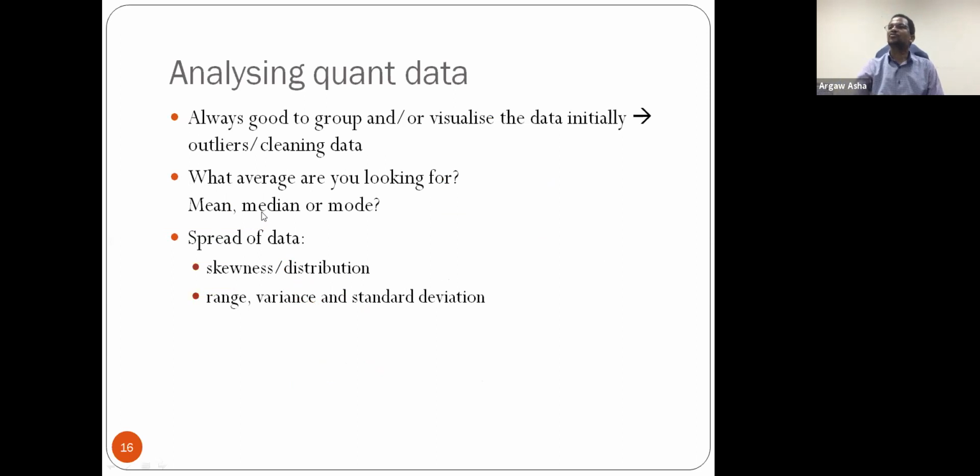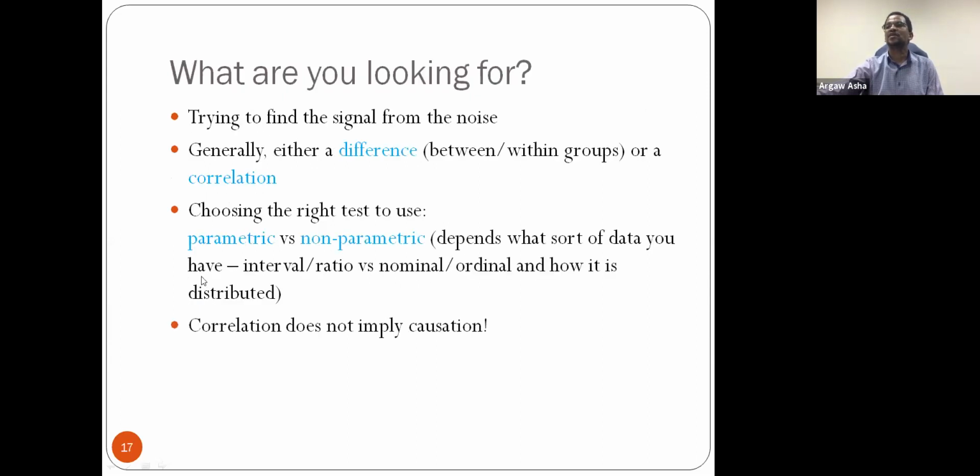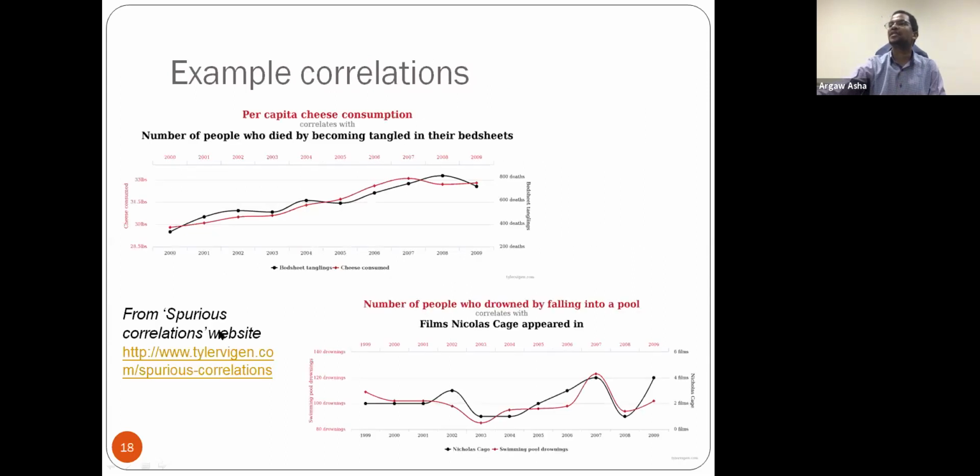In order to analyze quantitative data, we can see in detail later. You can use some statistical analysis with mean, median, and mode. There are different distribution methods. We can use skew, range, variance, and standard deviation. We can use correlation analysis here and so on.